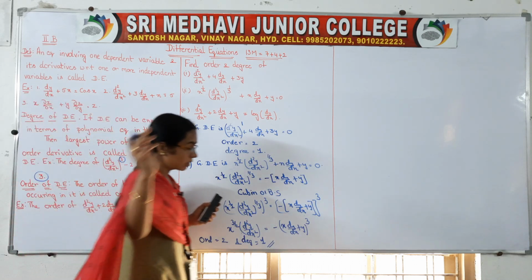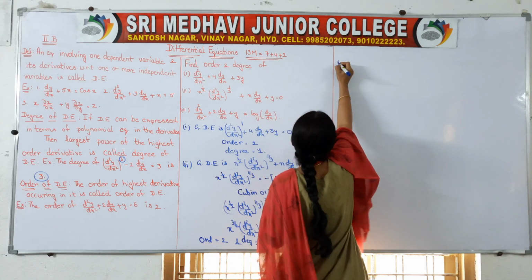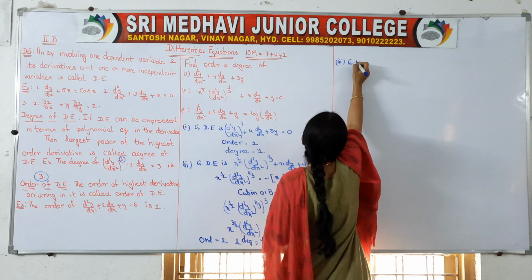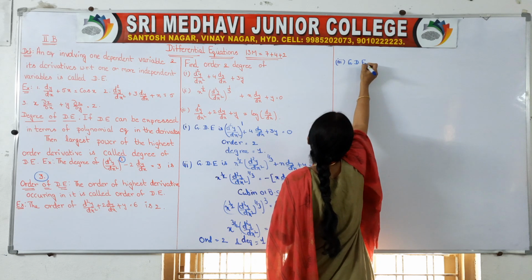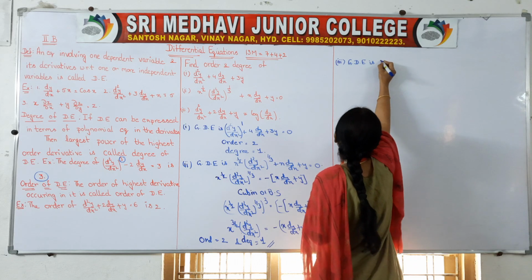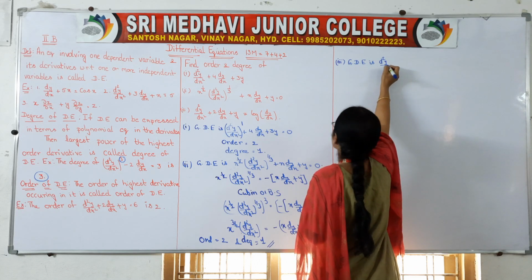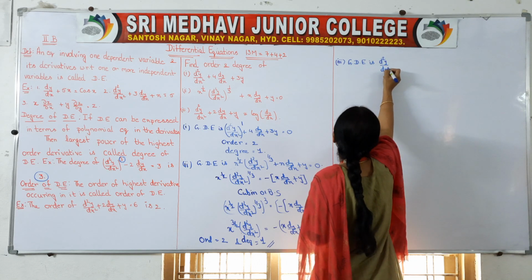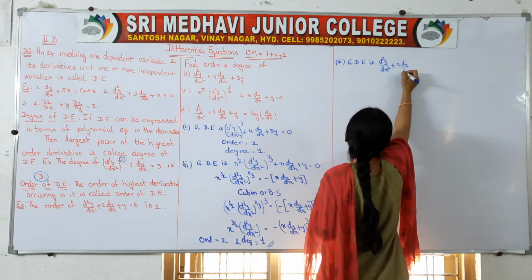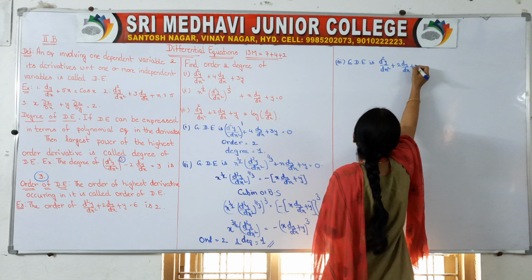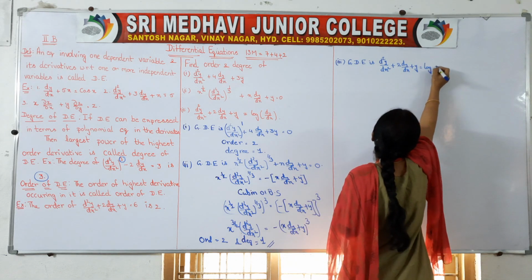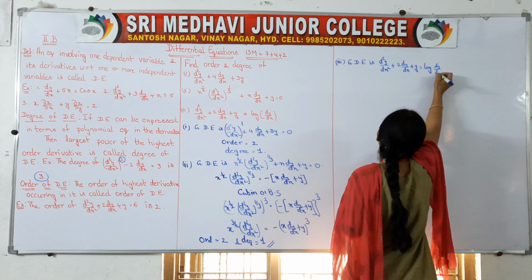Now come to the third question. First you have to write the given differential equation. It is d square y by dx square plus 2 dy by dx plus y is equal to log of dy by dx.